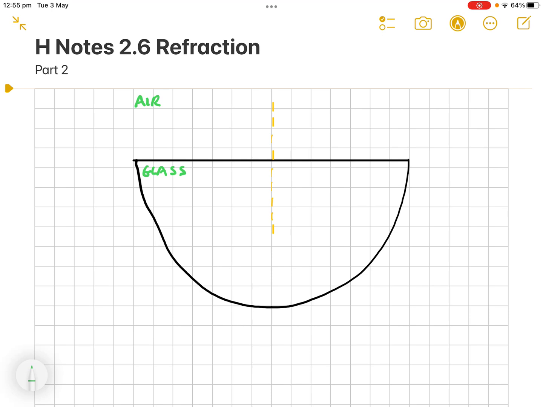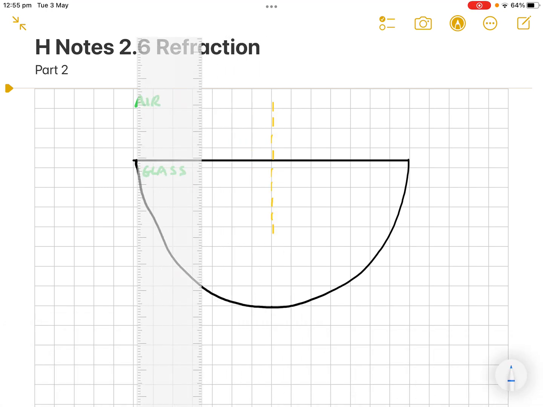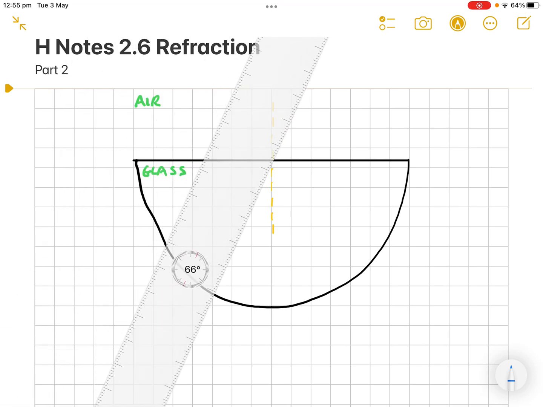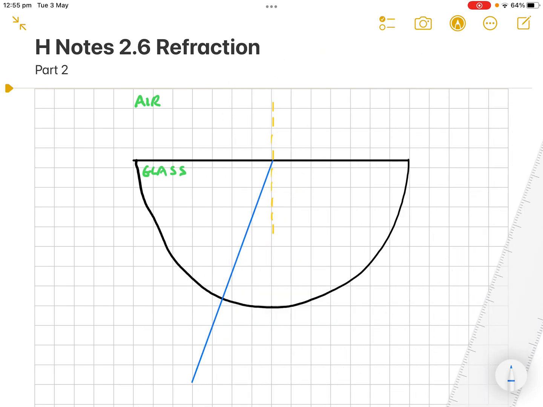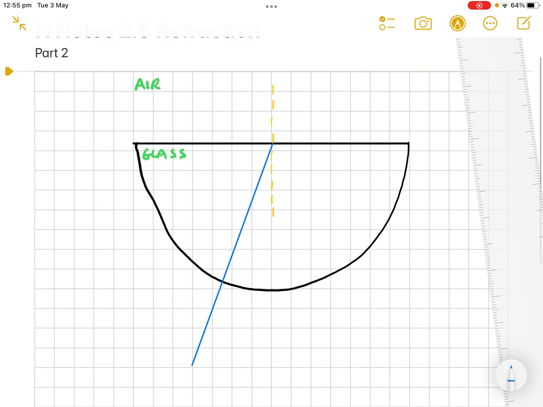Now we're going to send in a ray of light in such a way that it enters on the curved side, something like this, and hits the very centre of the flat side.